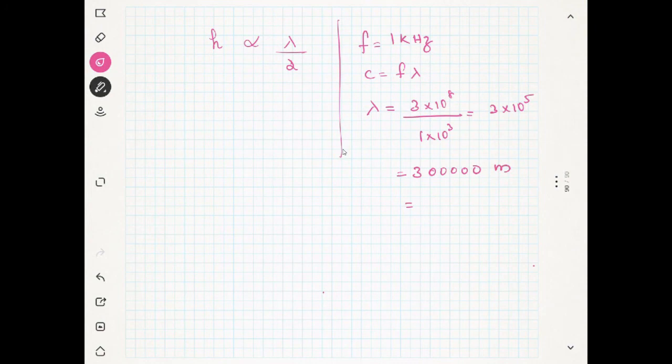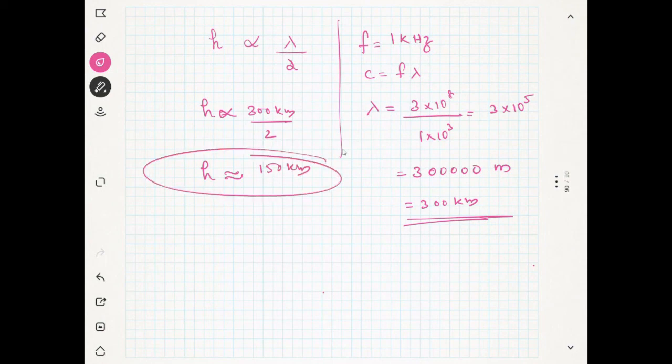That means 300 kilometer. So your height of the antenna is proportional to 300 kilometer by 2, approximately 150 kilometer. You need an antenna of 150 kilometer to transmit a wave of 1 kilohertz. Is it possible practically? No. This is the problem.